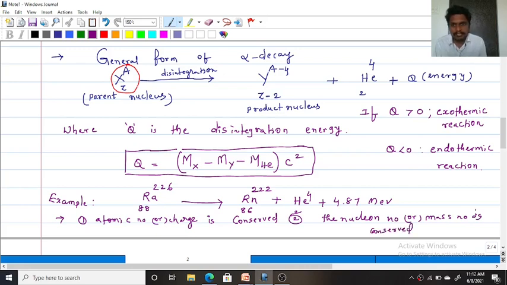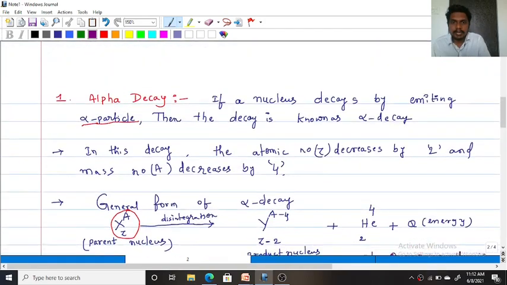On both sides of the equation the atomic number should be the same. On the left-hand side the total atomic number is 88, on the right-hand side it is 86 plus 2, 88, and mass number 226, here 222 plus 4, 226. So in any reaction the charge and nucleon number should be conserved. This is about alpha decay.